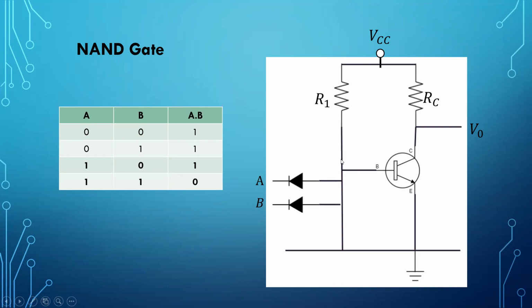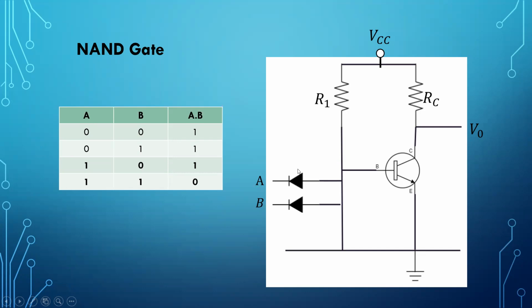At this point, the potential at the base will not be sufficient to drive this transistor on, so it will be working in the cutoff region. No current will be flowing in the RC, and you get the output V0 equal to VCC.